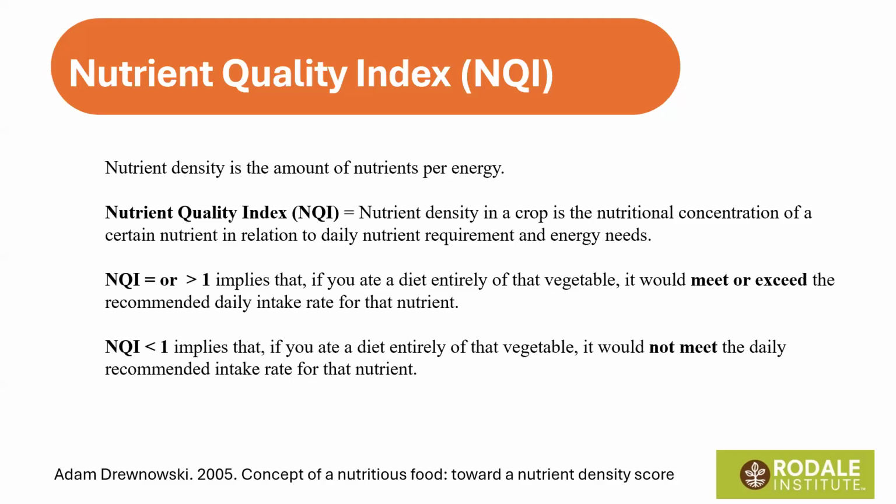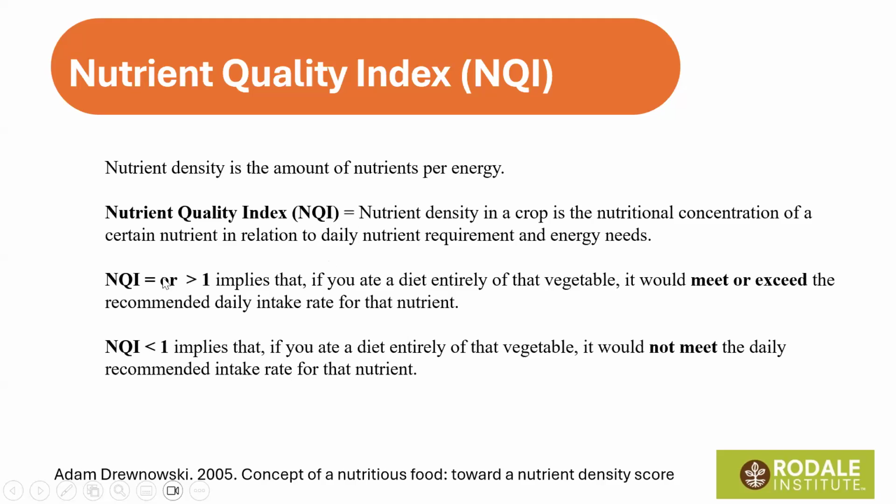We use these tables to prepare what we call the nutrient quality index. We also assess the energy that comes from these crops, which is the calories. So in that case, we prepare the equation and we assess.